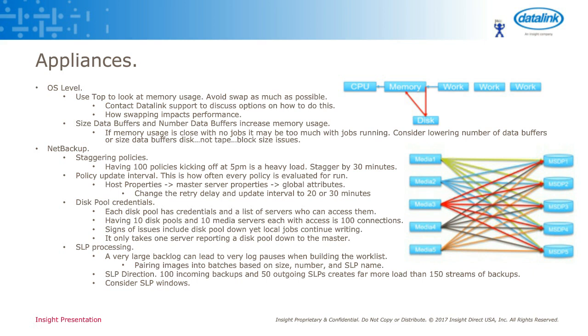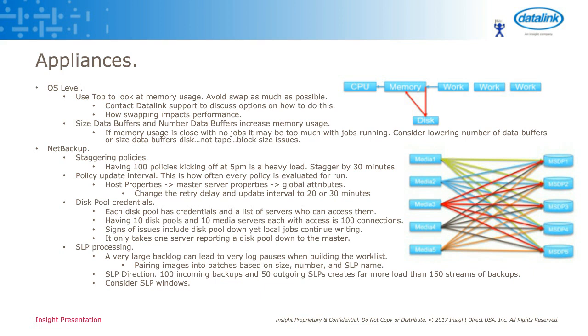One of the big things you'll find is that if you adjust the number of buffers and size of buffers too high, this will lead to swapping. If you have 1 meg buffers and you do 1,024 buffers, that's going to be 1 gig per job.